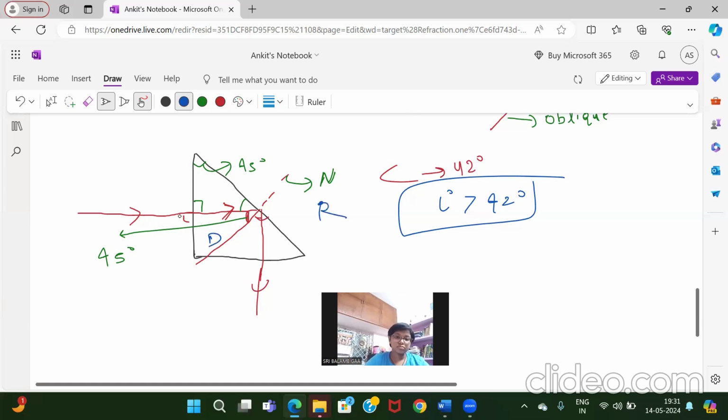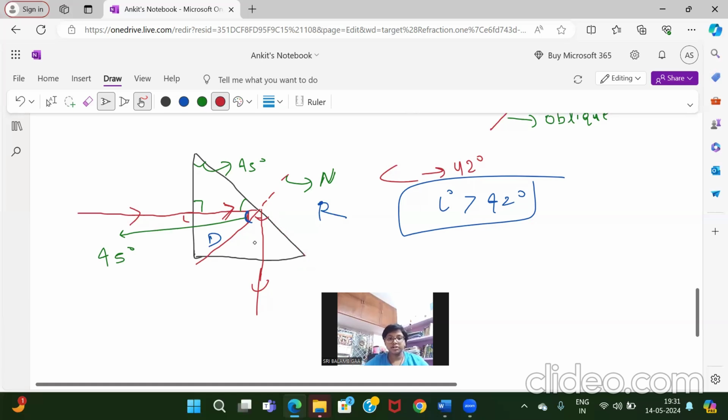The angle of incidence with the normal is more than the critical angle. If it is equal to the critical angle, it will go grazing the surface like this. But now it is more than the critical angle, 42 degree, so internal reflection will take place. Here TIR will happen.